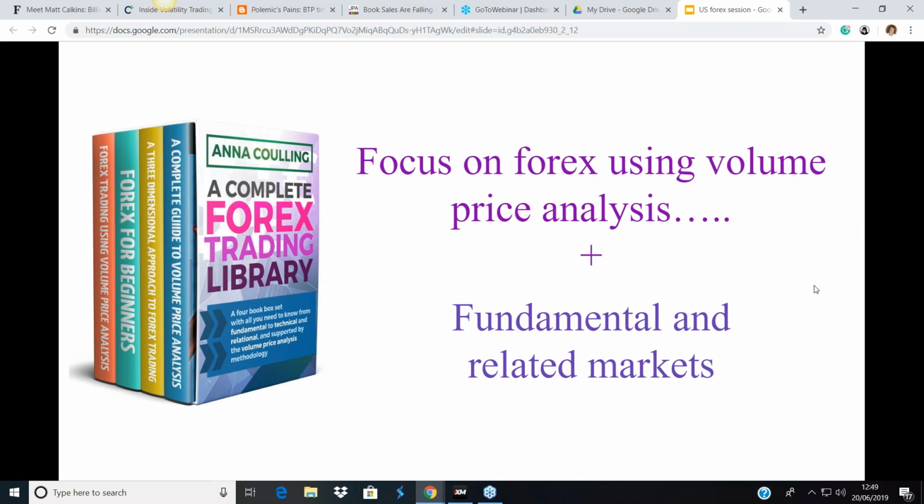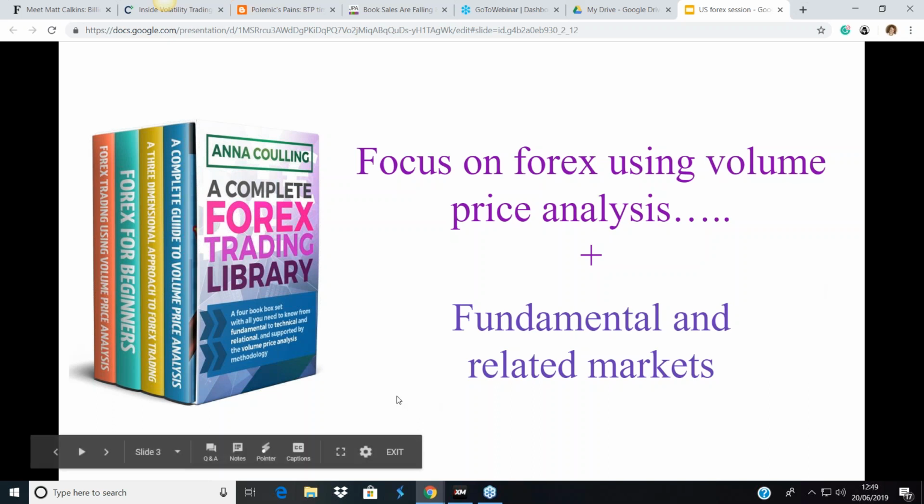VPA is the technical analysis arm, if you like, of our approach to the markets, because you have to look at what's happening on the fundamental landscape and also related markets, and increasingly the political aspect of what is going on with the markets as well, and how politics is also driving the price action.